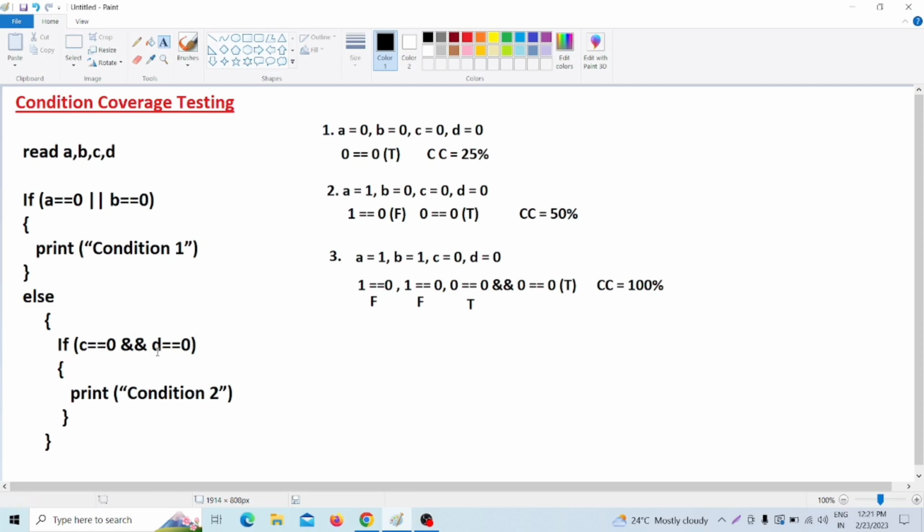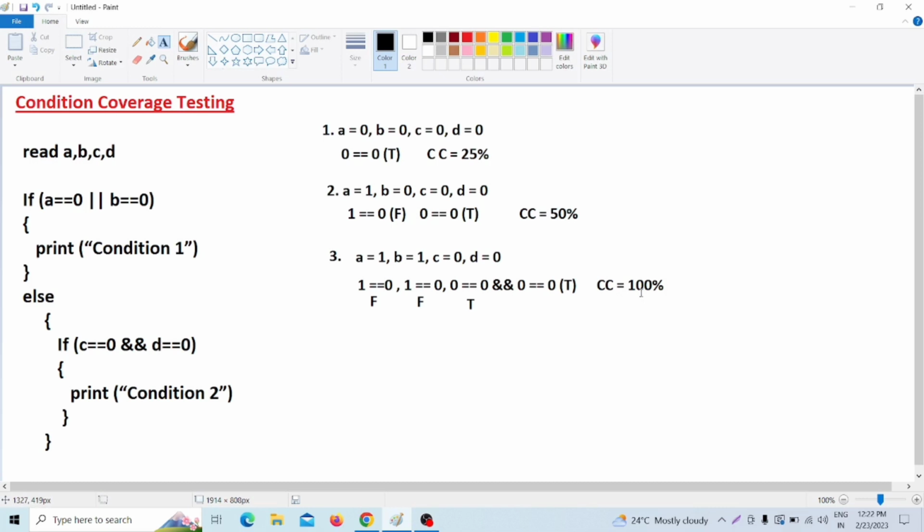I mean, both conditions will be checked. For the AND operator, if anyone becomes false, then the overall condition will be false. So here it will print condition 2. As we are covering the 4 conditions in this step, the condition coverage will be 100%.